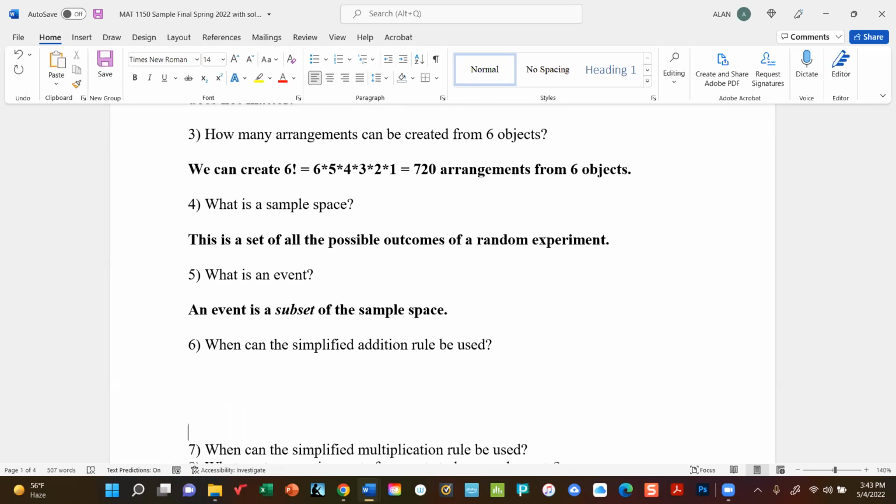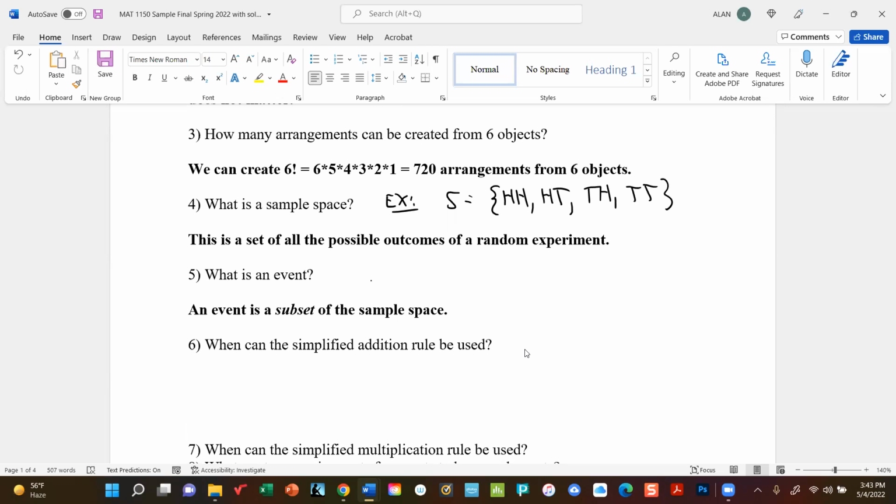Okay, now, let me just throw a quick example here. Suppose that you had flipped a coin twice. Your sample space would consist of all the possible outcomes: 2 heads, heads followed by tails, tails followed by heads, tails followed by tails.